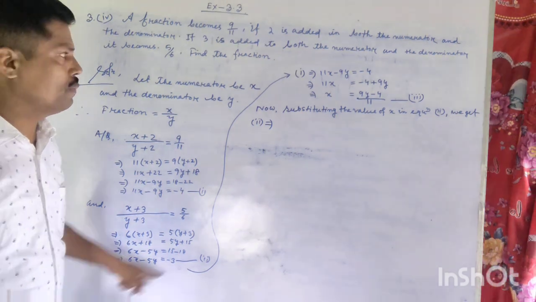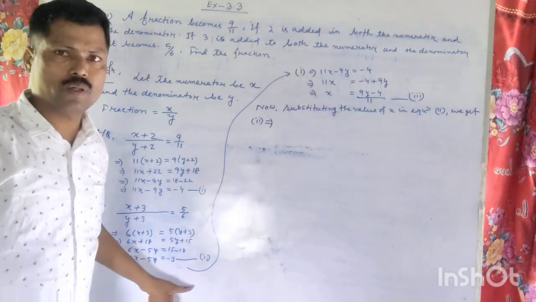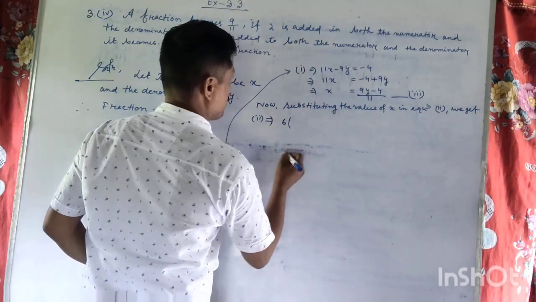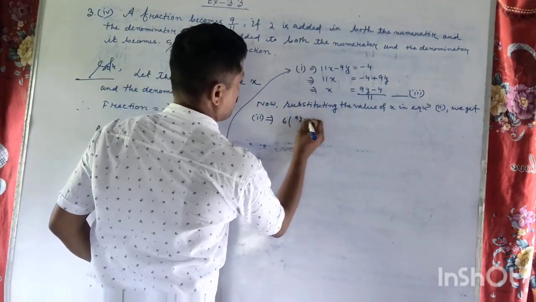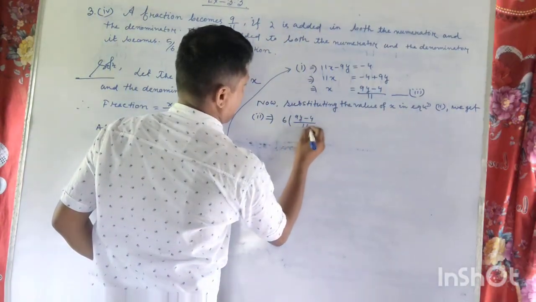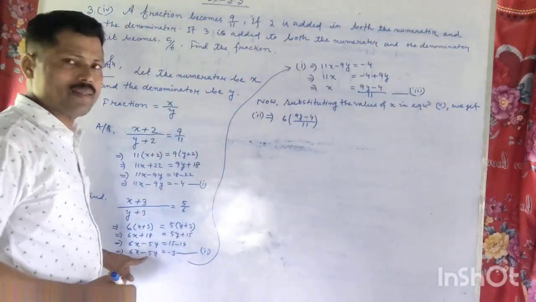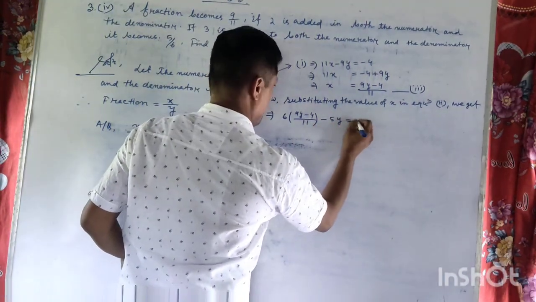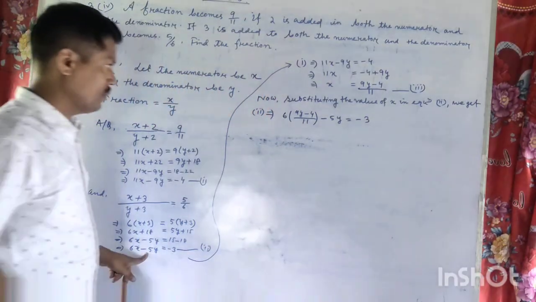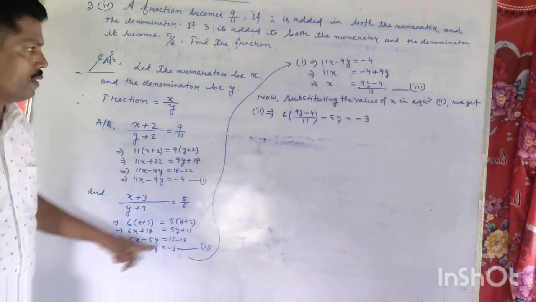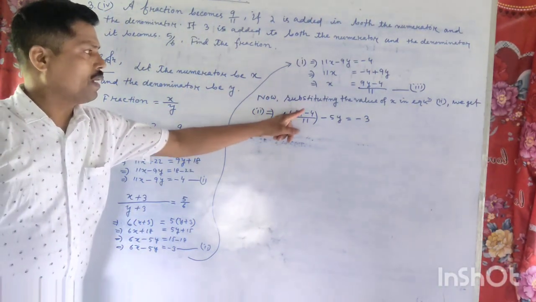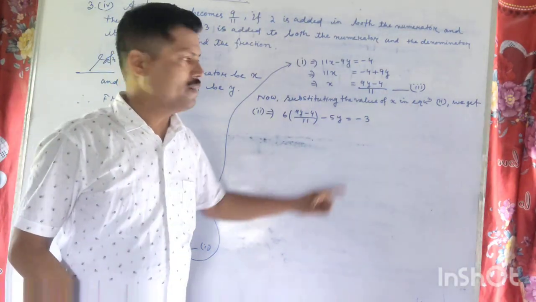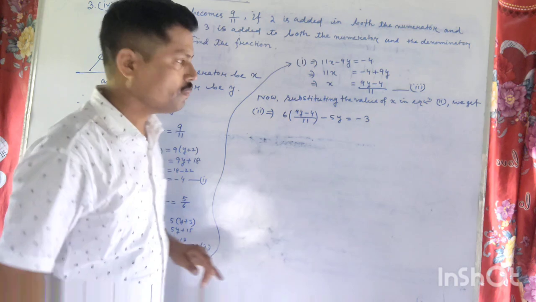We have to put the value of x in equation 2. So here, 6 times x, where the value of x is 9y minus 4 divided by 11, minus 5y is equal to minus 3. This is just the 6x value we have put here. So 6 times 9y minus 4 divided by 11, and minus 5y is equal to minus 3.